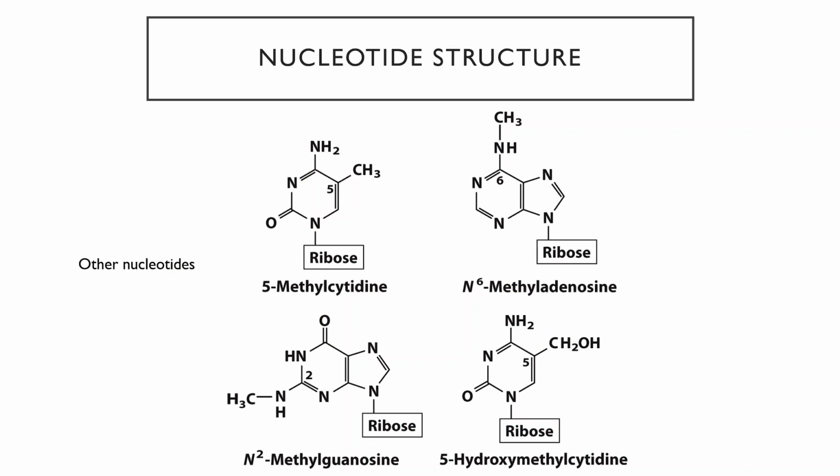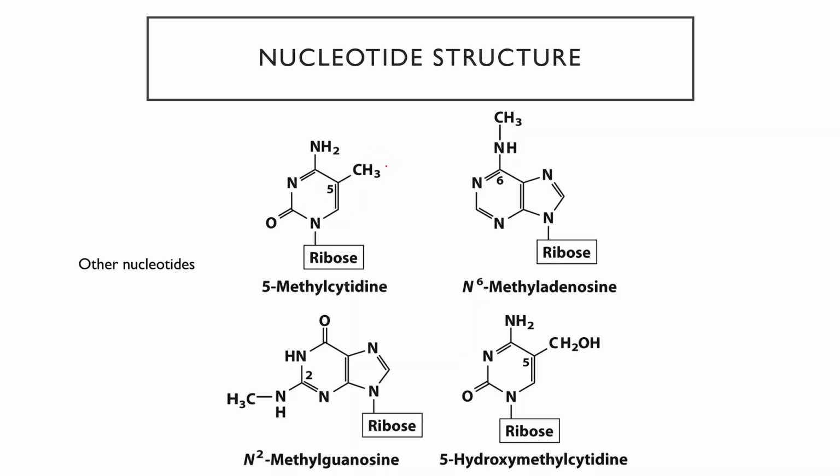And then, like I said, you can have other bases attached to the ribose. So there's lots of other potential nucleotides you can make. Any version of a pyrimidine or a purine attached to a ribose will give you some nucleotide. So, for example, most of the nucleotides have methylated forms.